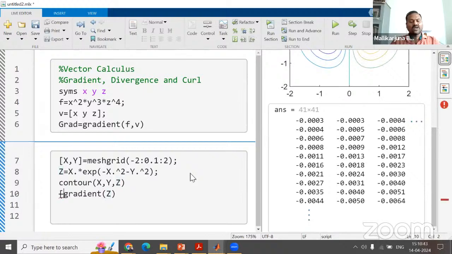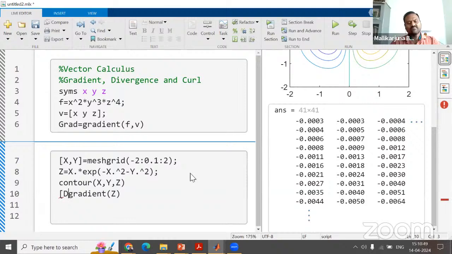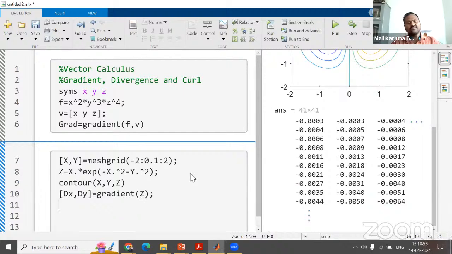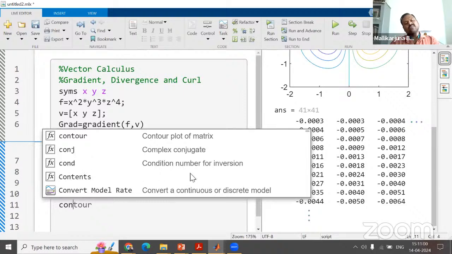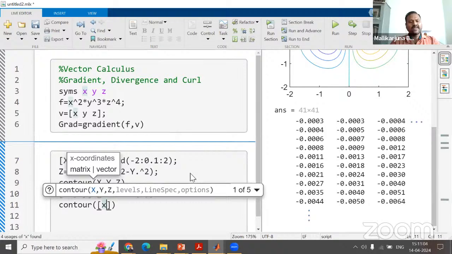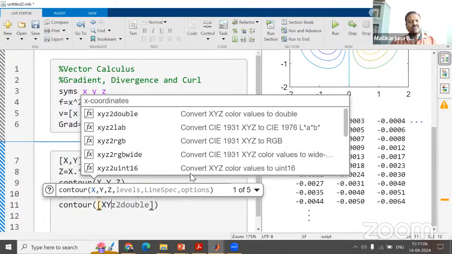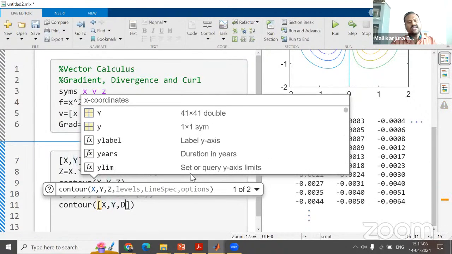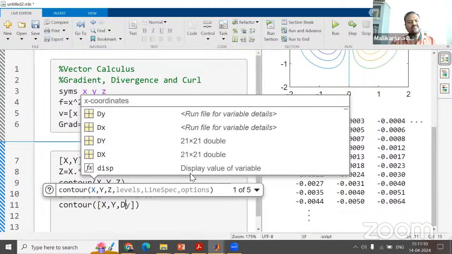And what we do, dx, dy is equal to gradient of z. Now, what you can do here, contour x, y, dx, dy.